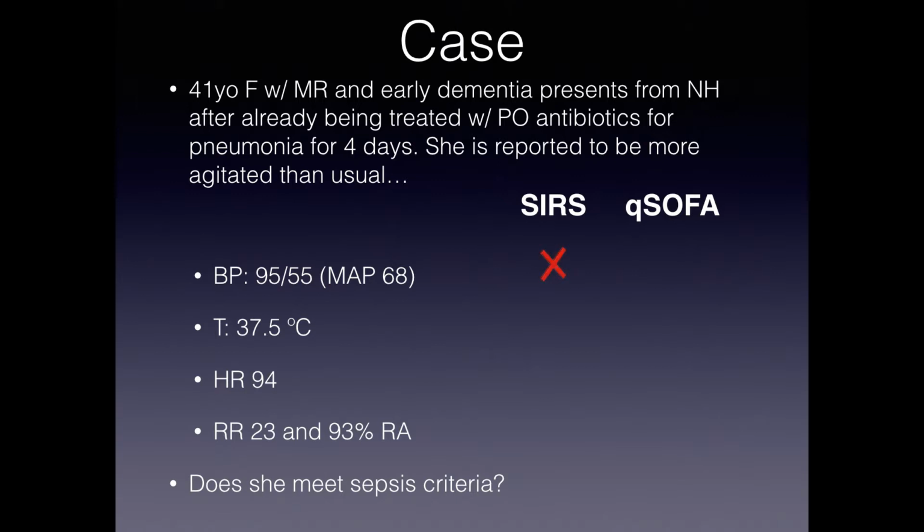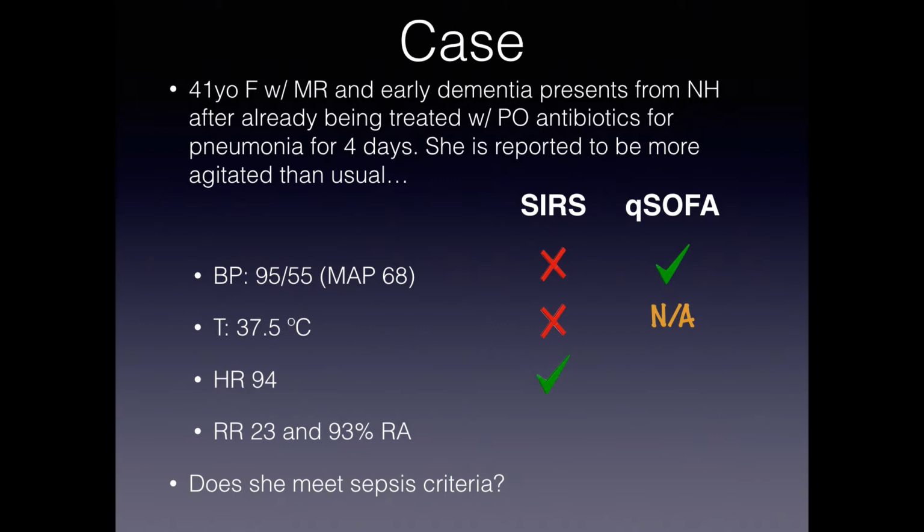SIRS, blood pressure, not quite there, right? Less than 90 systolic or less than 65 MAPs for SIRS. qSOFA, you got a check mark, and we'll talk about the criteria later. Temperature, not quite there. She doesn't have the fever, the 38. Temperature is not even a part of qSOFA. Heart rate, 94.